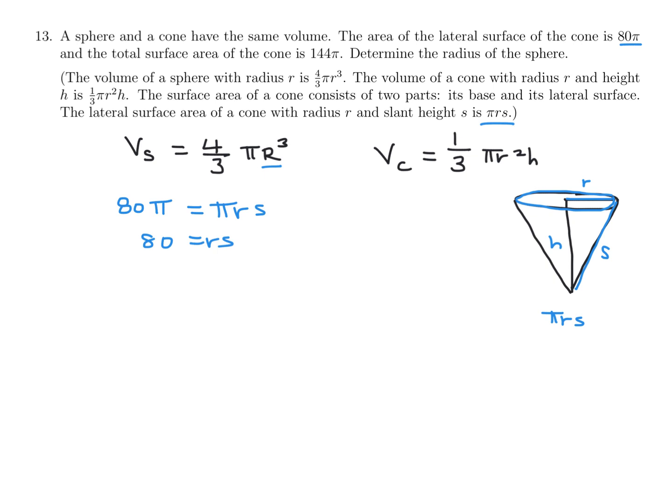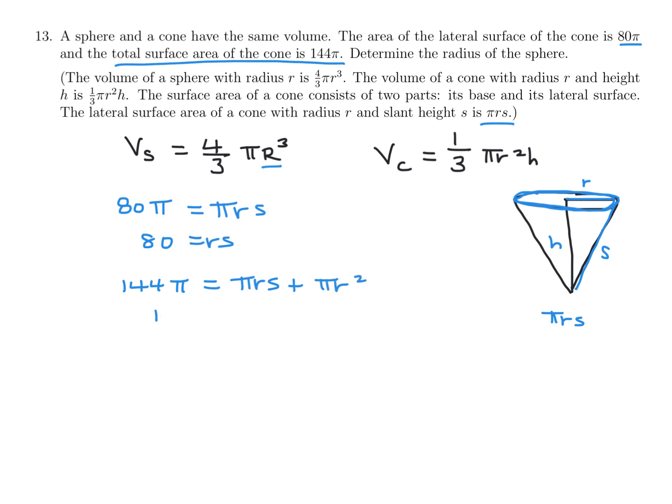Well, not yet. But they did give me the total surface area of the cone, 144 pi. And that's the lateral surface area, which is pi rs, plus the top surface area, which is that circle, which would be pi r squared.